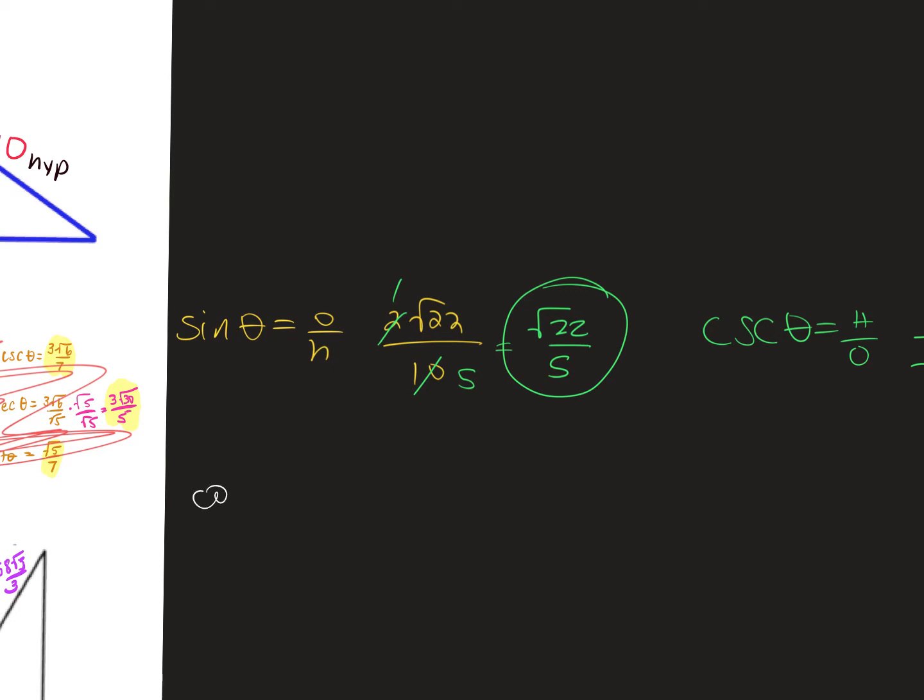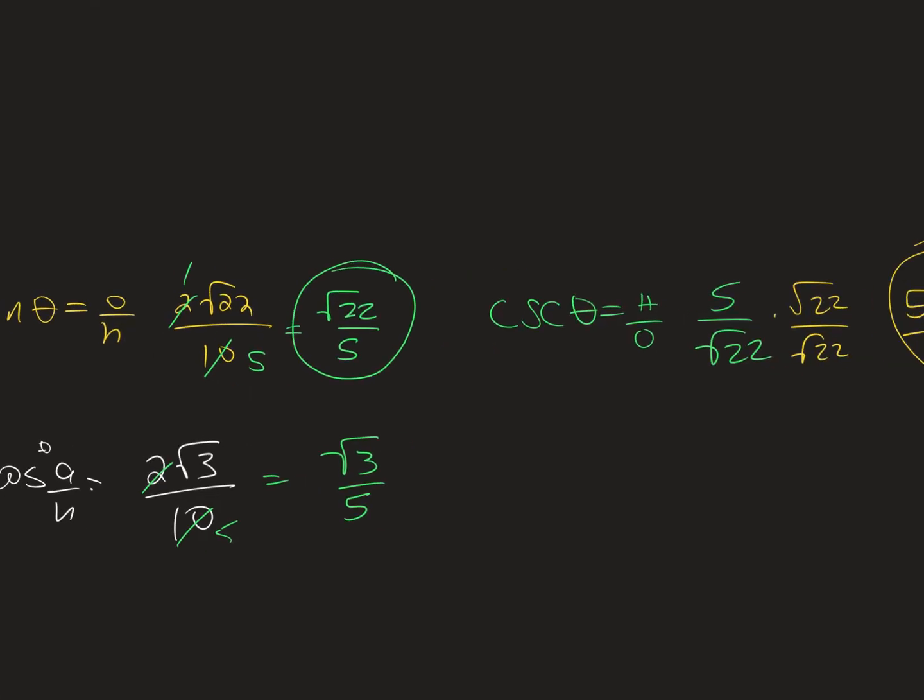So then we're going to do our cosine. Cosine is adjacent over hypotenuse. Well, the adjacent side is 2 root 3 over our hypotenuse, which is 10. If you guys leave it like that, I'm going to take points off. That's not simplified. How can you simplify that? 2 and 10. So this becomes the square root of 3 over 5.